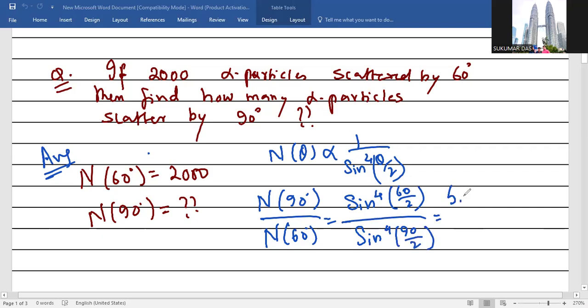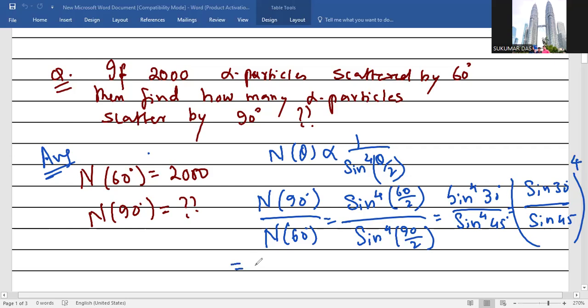So sine 30 divided by sine 45, all to the power 4.